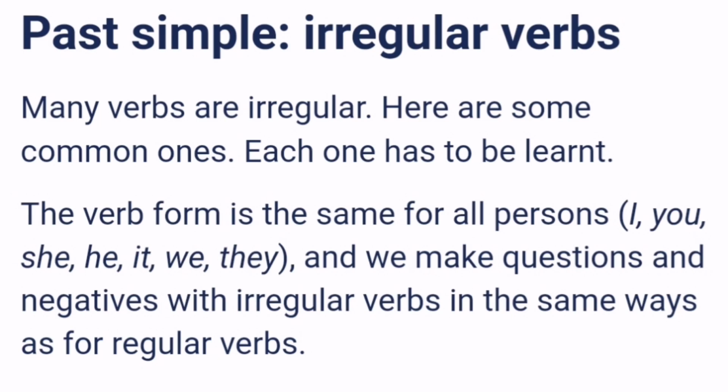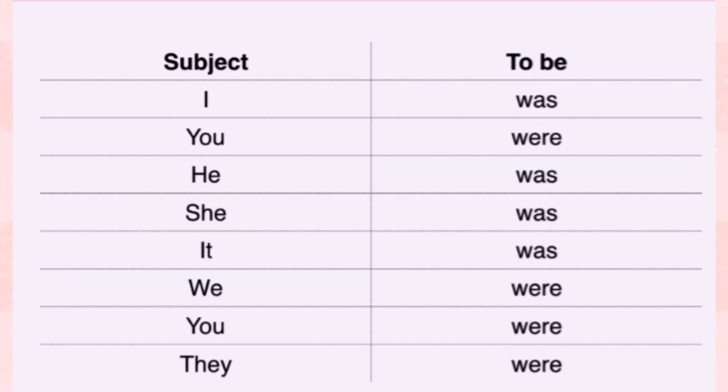Now we're going to see only the positive form or affirmative form, and let's leave the negative and interrogative or question for the next time. And here we have an exception. It is the verb be. So in verb be, the subject pronouns have different conjugations of the tense.